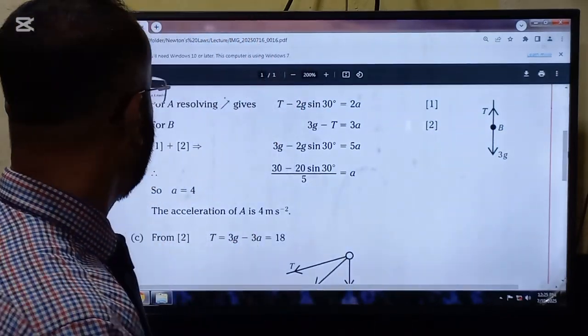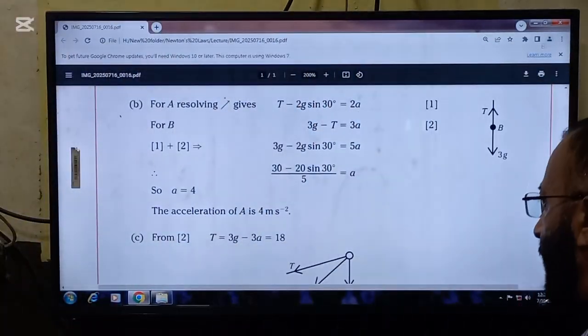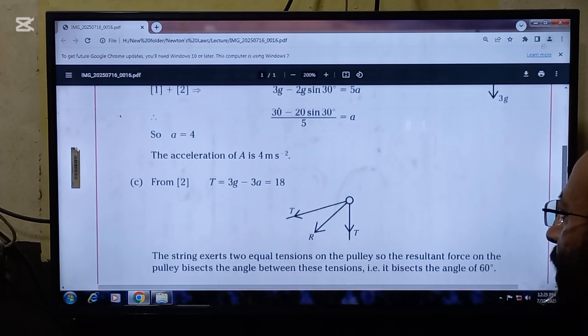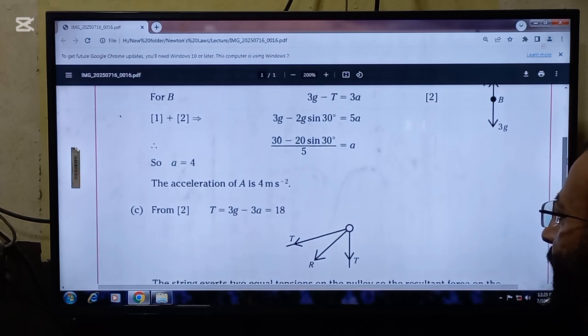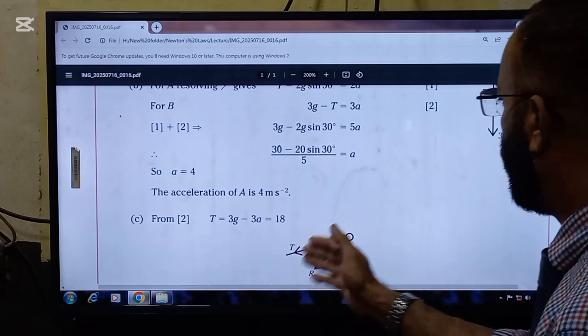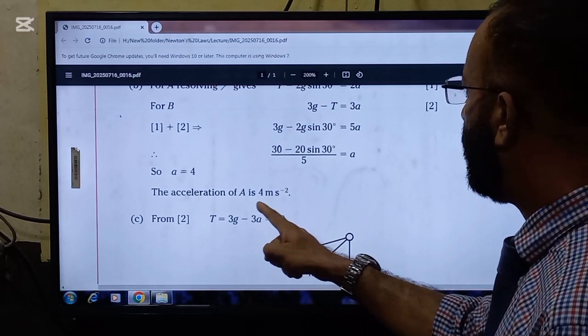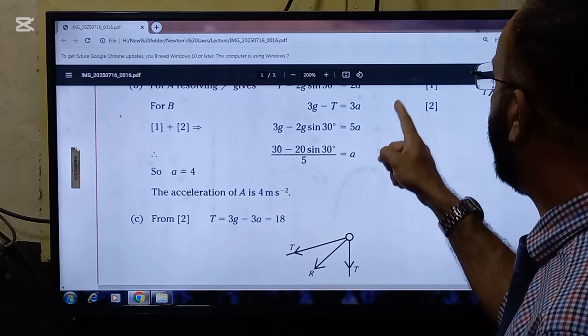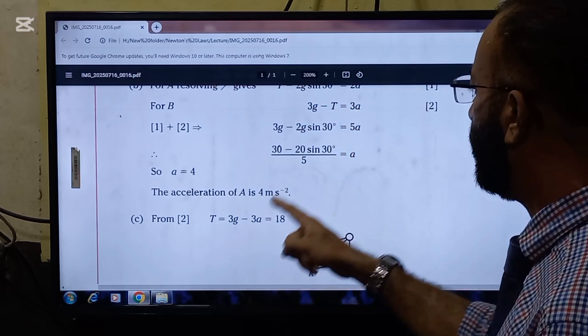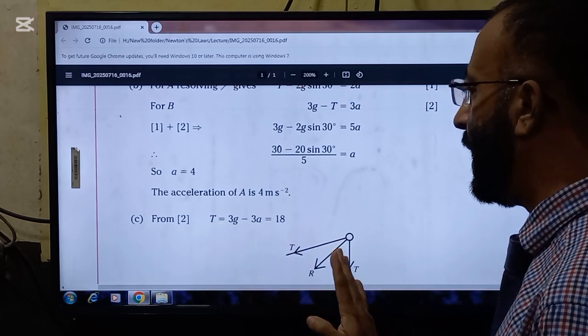This is an important point. First we will find the tension in any one portion of the string. Putting this value of a in either equation 1 or 2 will give you the answer for T, that is 18.